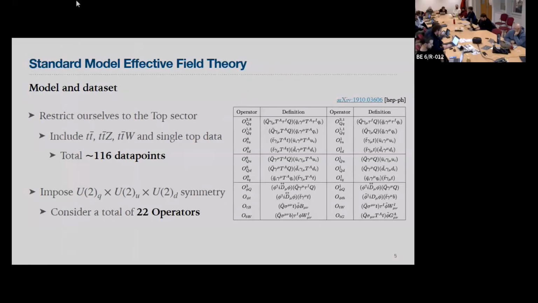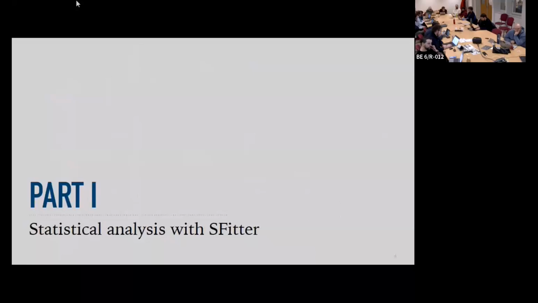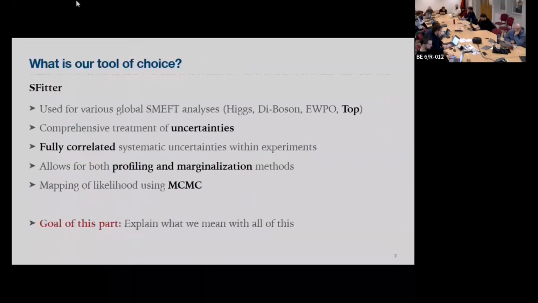So now we can continue by talking about what SFitter is and how we actually perform this fit. First of all, I'm just going to give a quick rundown of what we usually tell people to sell what SFitter does. Like I said, it was used for different SMEFT analyses previously. I just explained the top analysis, but it was also used for Higgs, boson and electroweak precision data.